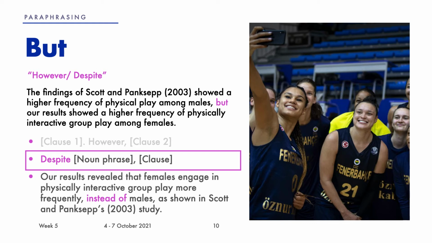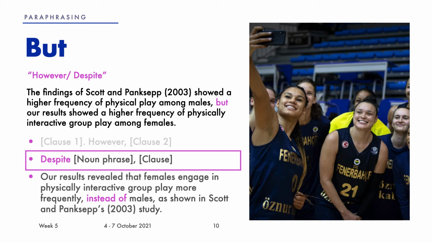So I use "instead of" in this case, and you can also see that both sentences have been changed significantly, such as I use "revealed" to replace "show," and in the original sentence when we use a noun phrase after "showed," I use that clause, expanding the idea a little bit.